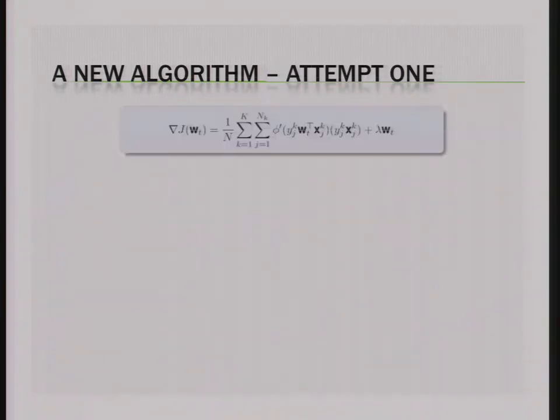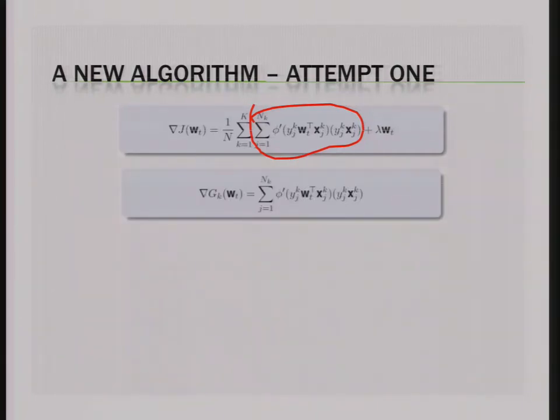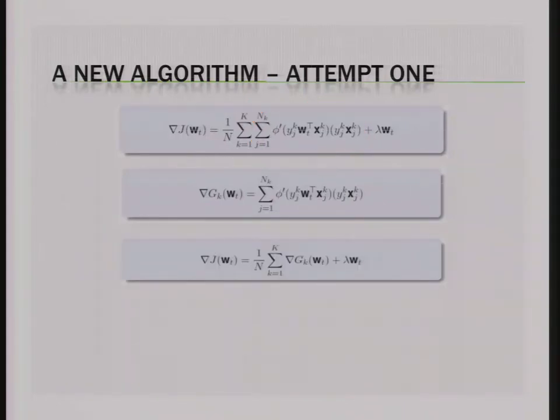So let's try to attempt achieving privacy in this case. The del J of w_t is the gradient of the regularized ERM objective, written in a slightly different way, wherein I have indicated the gradient as a sum of gradients over k parties. Now if each party computes del g_k of w_t, which is the part of the gradient corresponding to its own data set, then the third party can average these gradients and compute the gradient of the entire data set at any w_t.